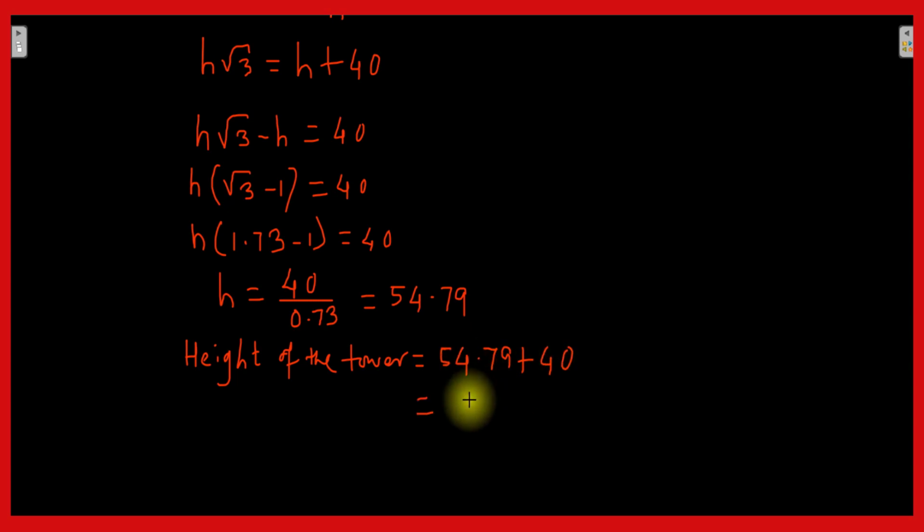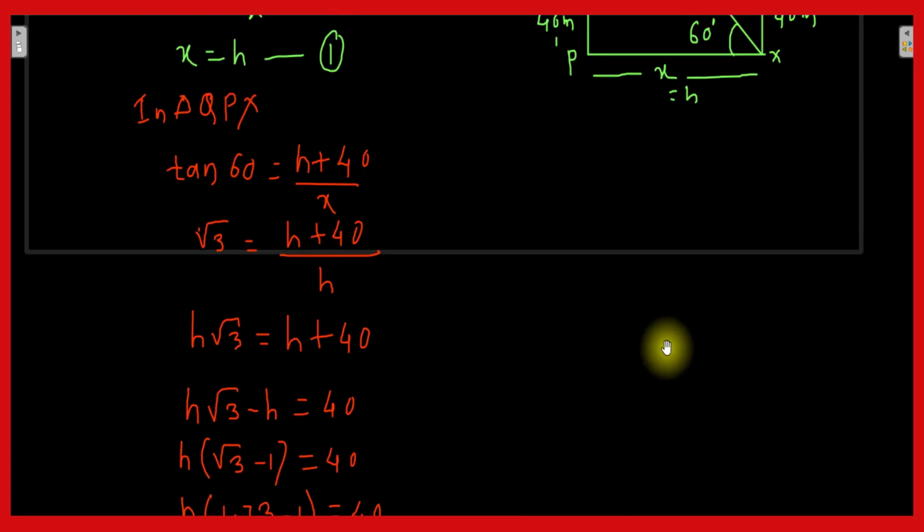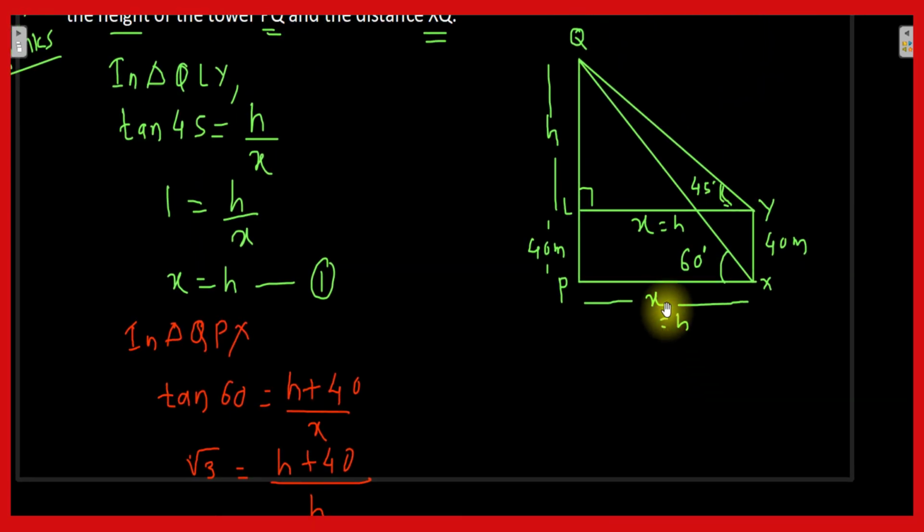So this will be 94.79 meter. So the height of the tower is 94.79 meter. We have got the height of the tower, but we have to find the QX also. QX, that also we have to find.